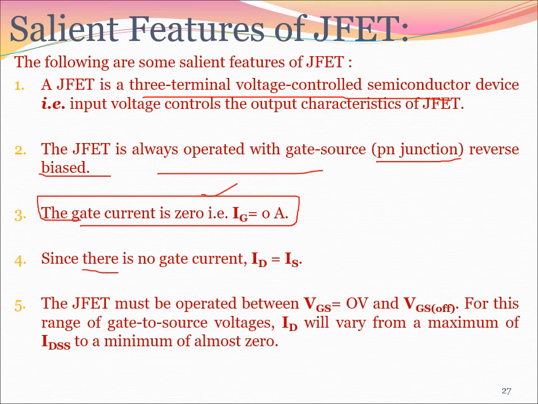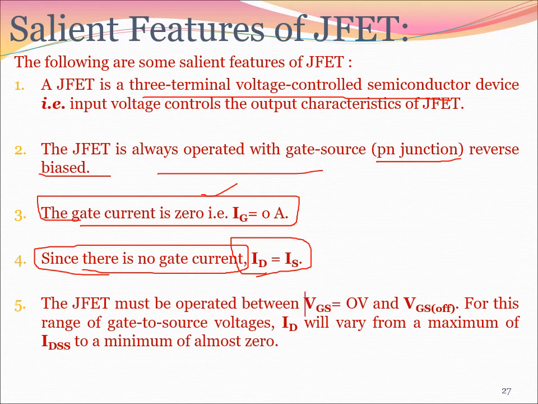Due to no current flowing into the gate terminal, we can easily say the drain current and source current are both equal. JFET must be operated between these two ranges: one is when there is no voltage at VGS, and another is the VGS cutoff voltage. So that's the maximum voltage that you can operate.